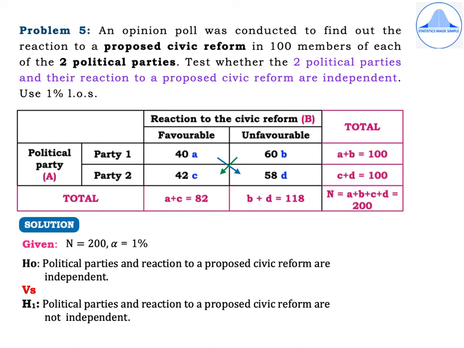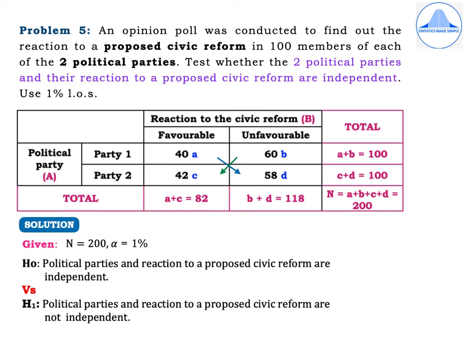Similarly, A plus C is 40 plus 42 equal to 82, and B plus D is 60 plus 58 equal to 118. And when we add 82 and 118, we get capital N, which is equal to A plus B plus C plus D, which is equal to 200.